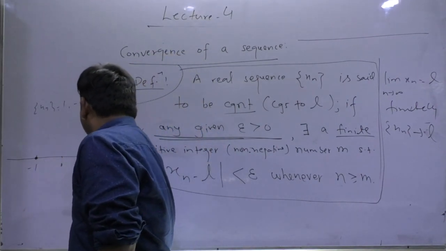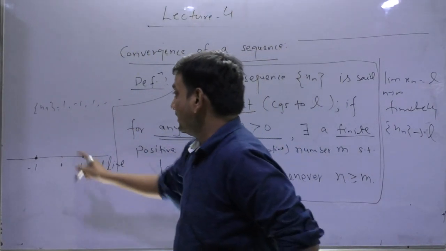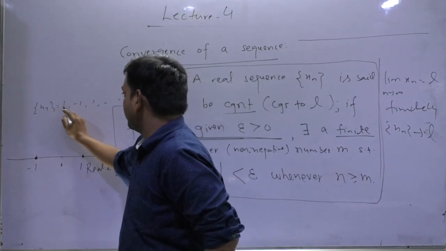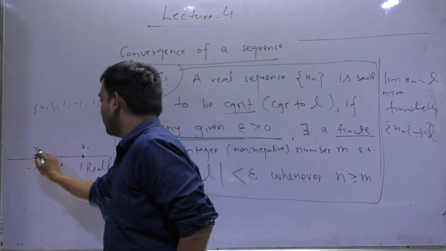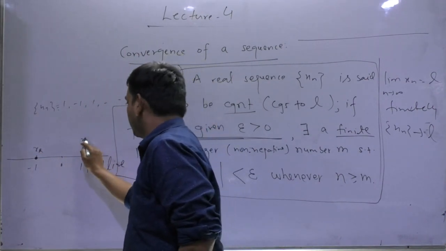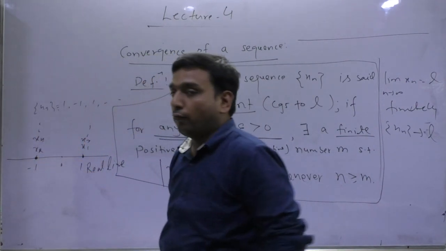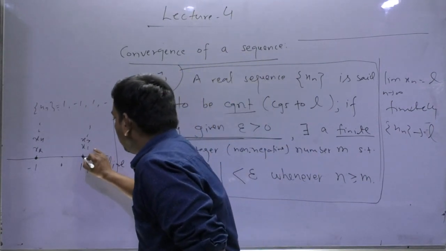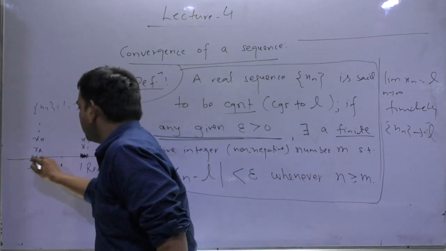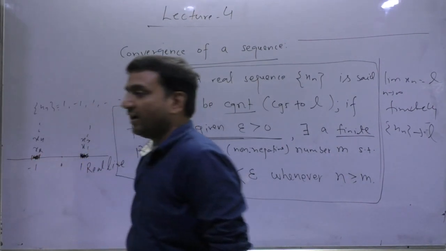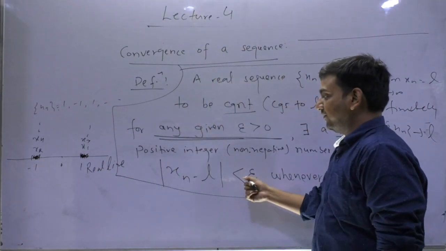Over the real line, where is x1, dear? x1 will be the first term. Where is x2? Here only. Where is x3? Here only. Where is x4? Here, and so on. So what it is showing is x1, x3, x5, x7 are here. x2, x4, x6, x8 are here. Getting my point?